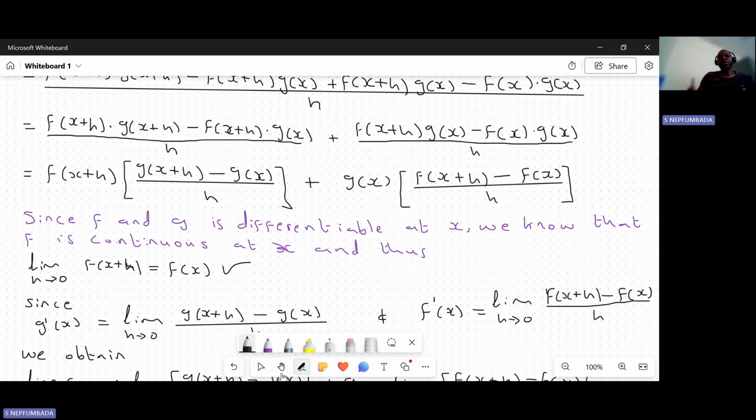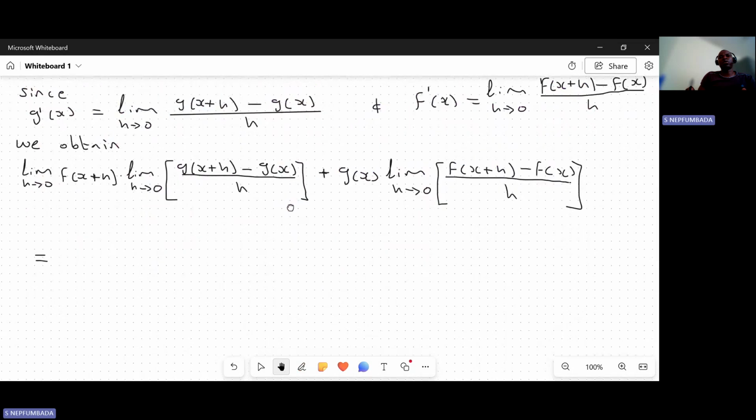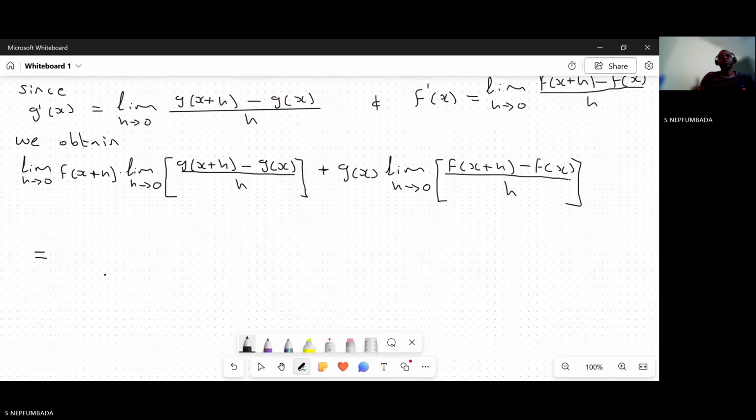So now this is equal to f at x multiplied by, we know that the limit as h approaches 0 of g at x plus h minus g at x over h is g prime at x, then plus g at x multiplied by this one, which gives us f prime at x, which is the derivative.